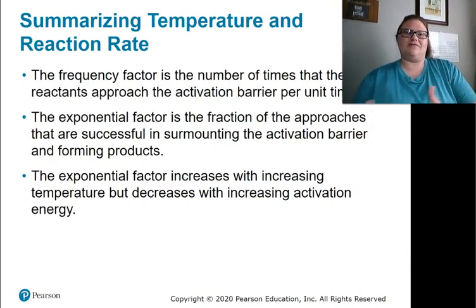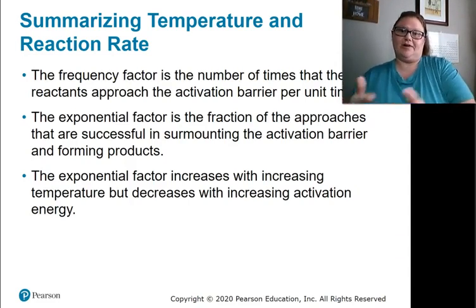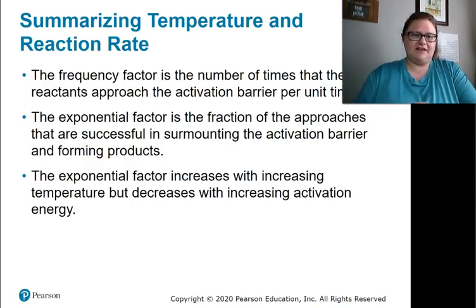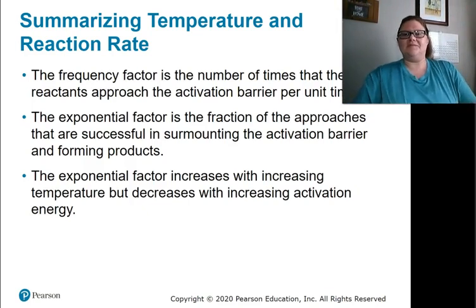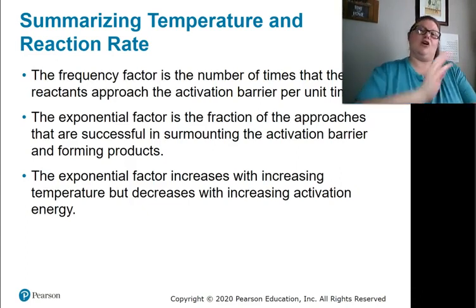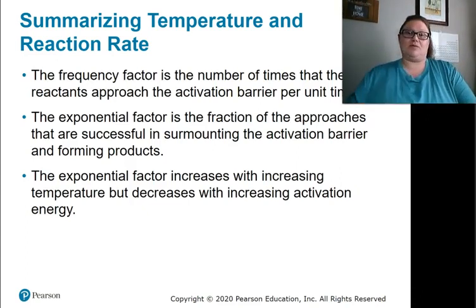Okay, how does temperature affect the rate? So that frequency factor that we looked at on the Arrhenius equation is the number of times that the reactants get to that activation barrier per unit of time. Don't worry about that definition. It's kind of nitty-gritty. The exponential factor is the fraction of the approaches that are successful in getting over that energy barrier to make the products.